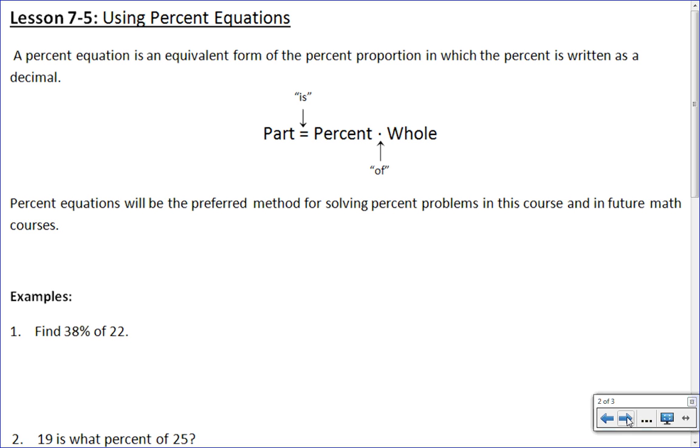Everything will always go in the same place. And it's really easy to figure out which parts are which, because the is will always be the equal sign, and of will always mean to multiply. So here we have the part is equal to the percent of the whole, or the percent times the whole.